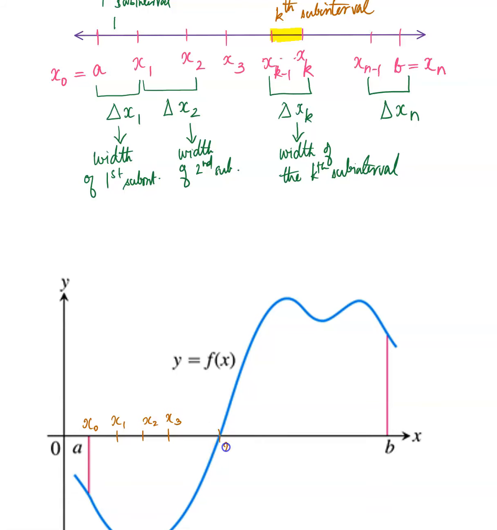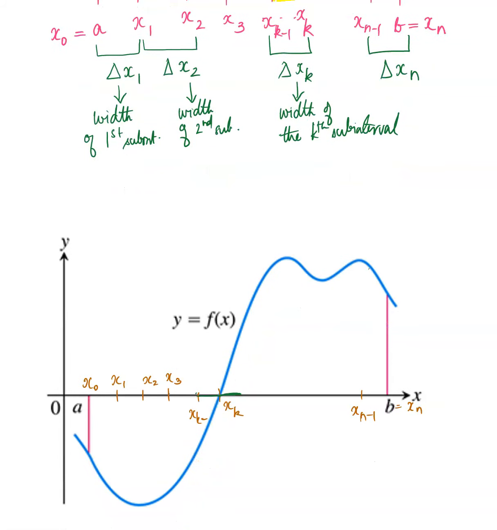Let's say this was xk, this will be xn, and the one before that will be xn minus 1, one before this will be xk minus 1, and so on. If I were to construct rectangles for the lower sum, then remember lower sum is left end, and so my rectangles would be coming from the left end point like this. And I go on constructing them like that.